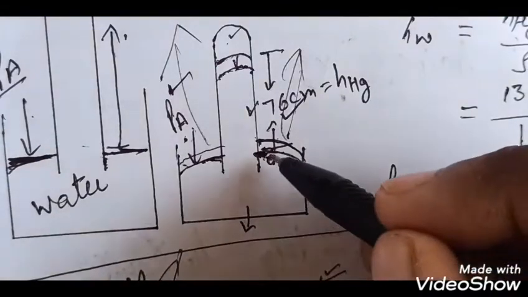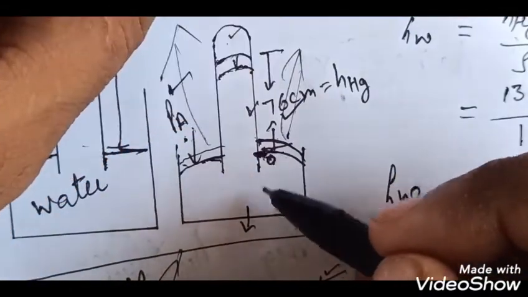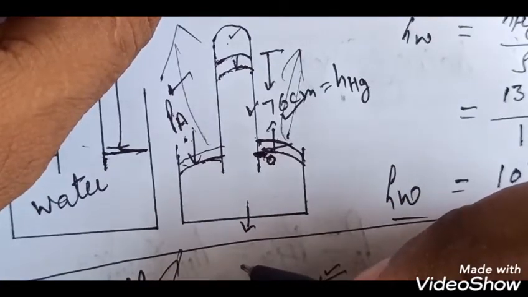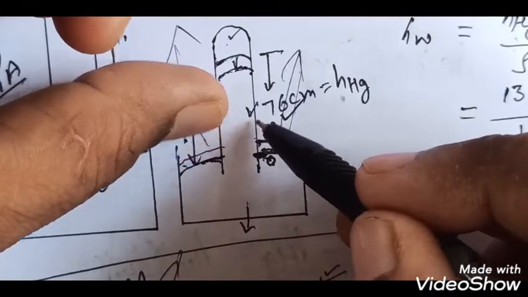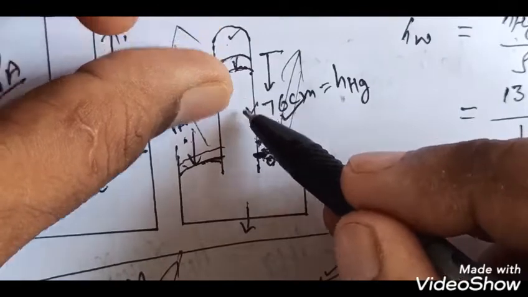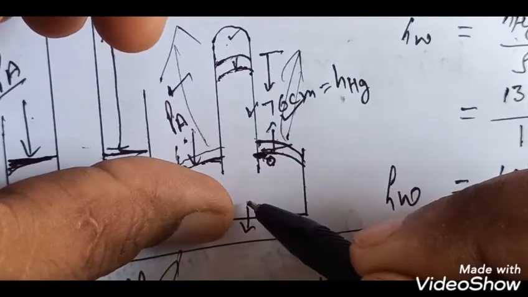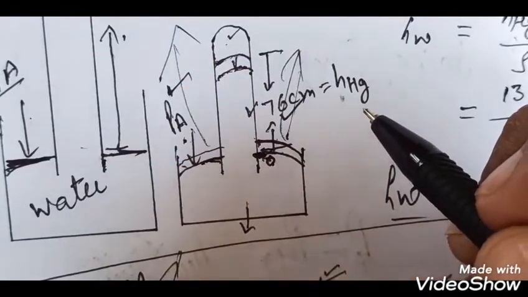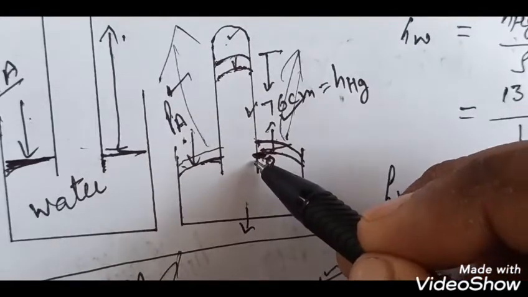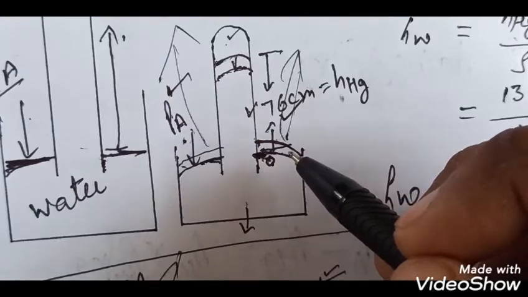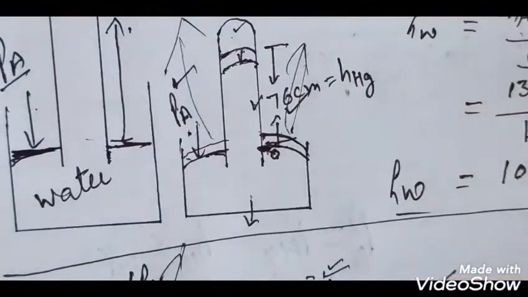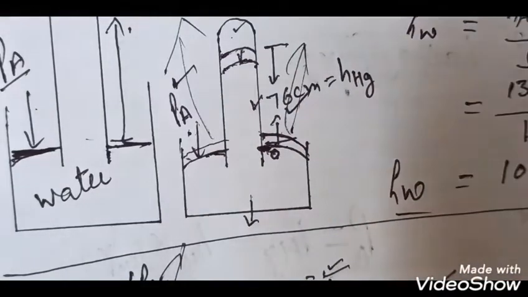And don't forget, if you lift the tube a little more or the bowl down, then maybe it is possible the tube is pushed up a little more and the whole of the liquid in the barometer will be in the bowl. Then it will not be a barometer, it will collapse. So we have to be very careful, because the tube has to stay inside. If it goes out, the whole of the mercury will come down and be there in the bowl. So this problem is there.